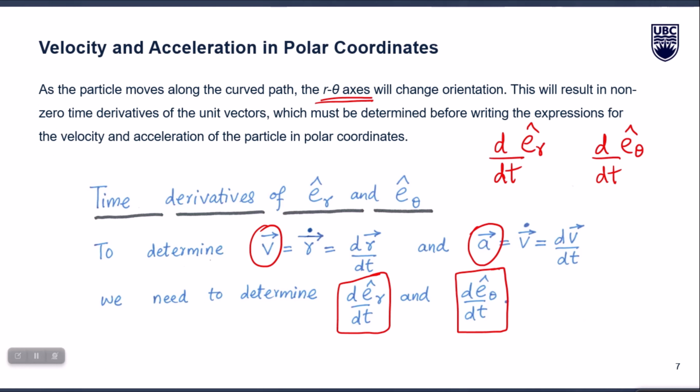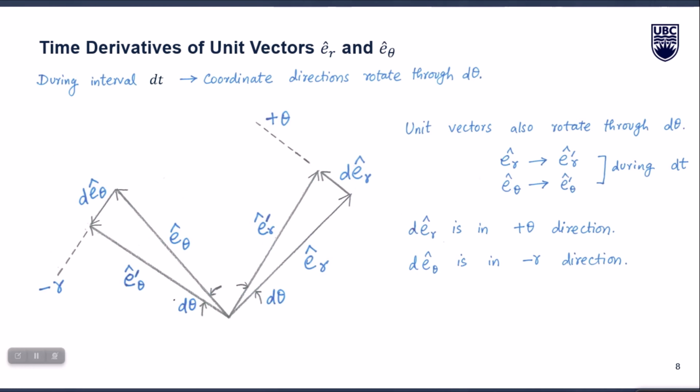So in this figure, I drew the unit vector E sub r at a particular time, and after the time dt, during the time interval dt, the unit vectors change. So after the time dt, I draw a new unit vector E prime sub r, right? And it describes the direction of r after time dt.